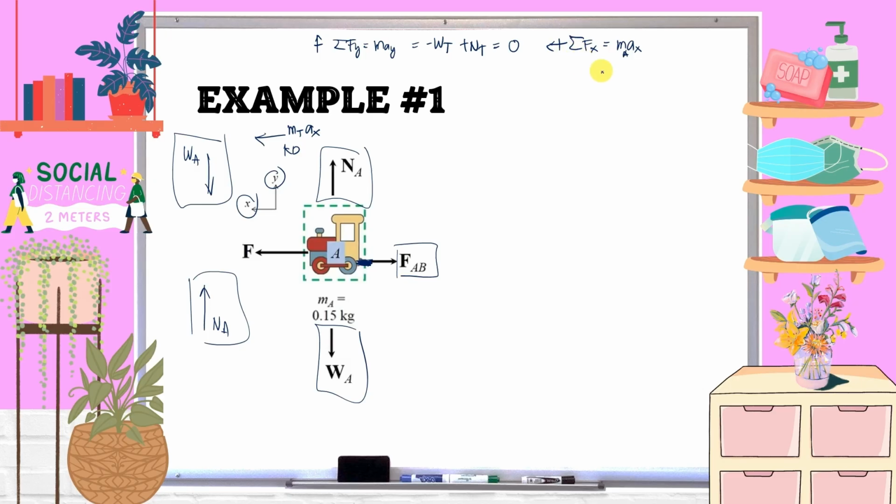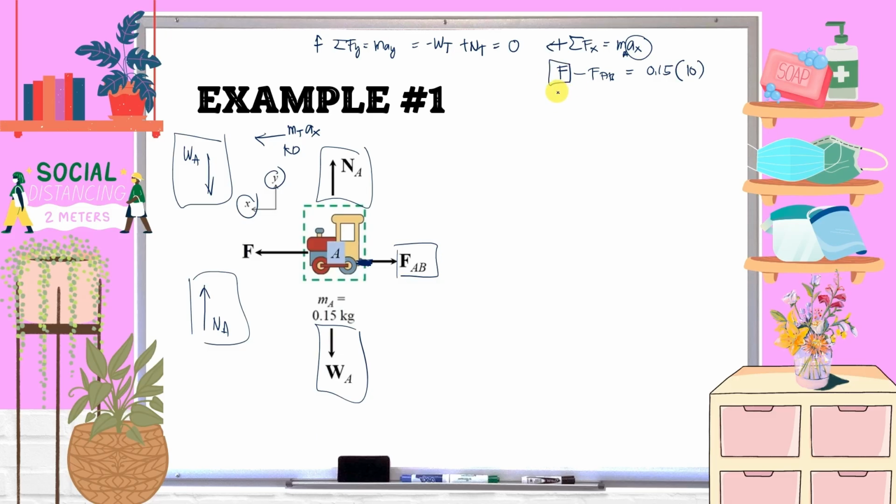So what are the forces along x? Establishing to the left as positive, we will have force F minus, since to the right is force AB, equal to the mass of A, which is 0.15, times the acceleration along horizontal, which is our calculated acceleration from earlier, 10 meters per second squared.